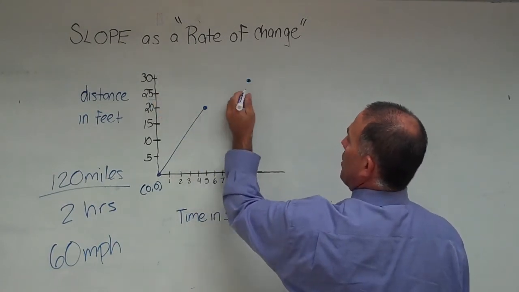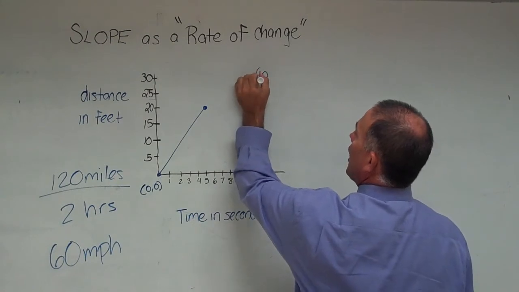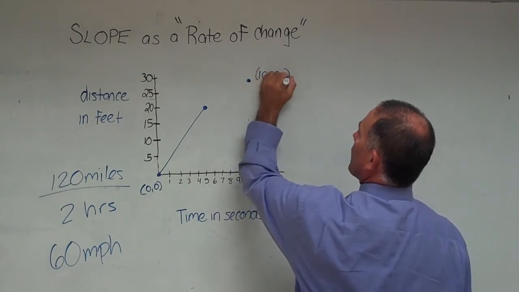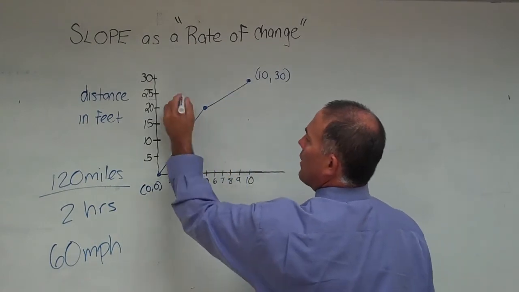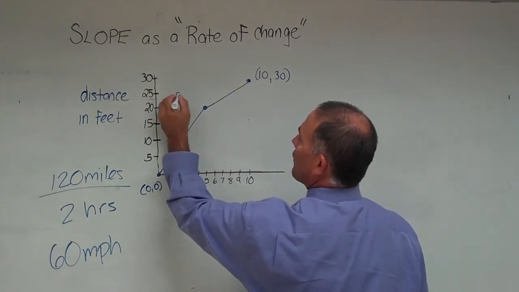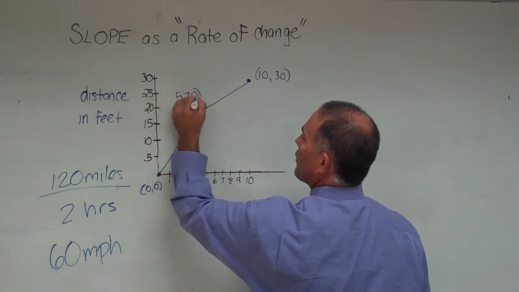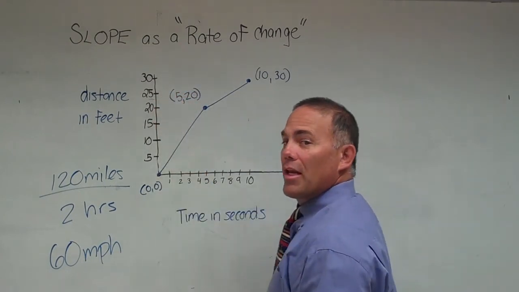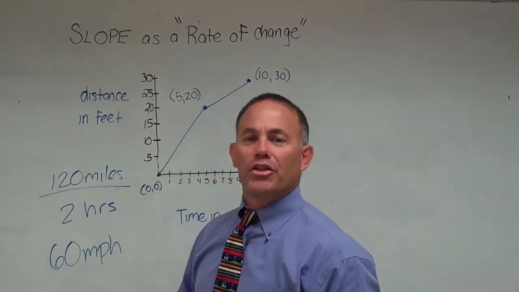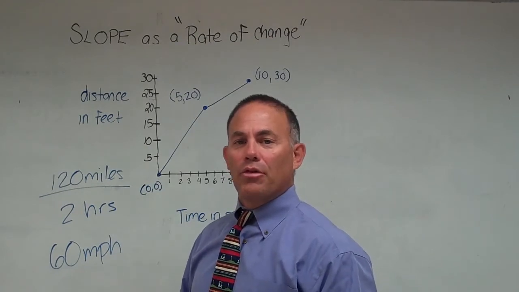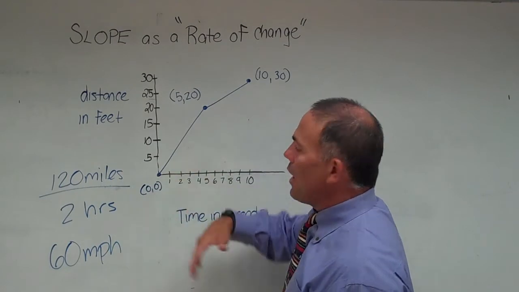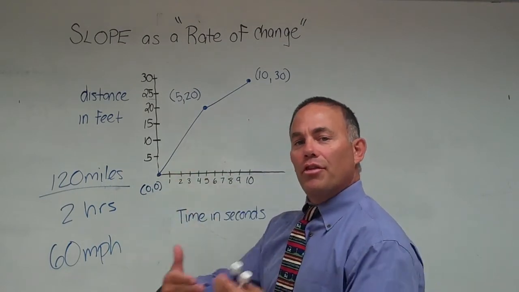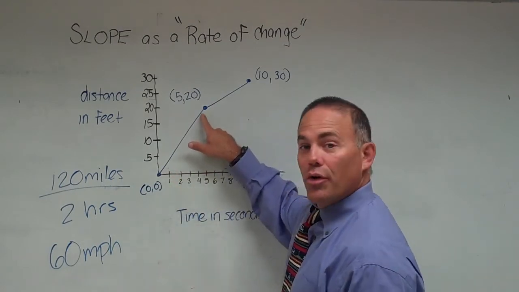So that point is going to be represented by the point time 10, distance 30. This point here we talked about it, the time was 5 seconds and the distance was 20. And let's see if we can go ahead and calculate the rate of change for each of these little segments of our trip. Now, right here we look here, how much distance did we travel over this first trip?